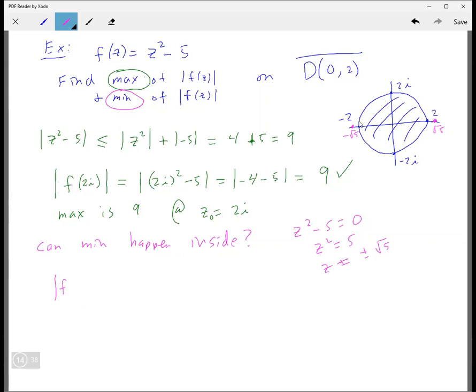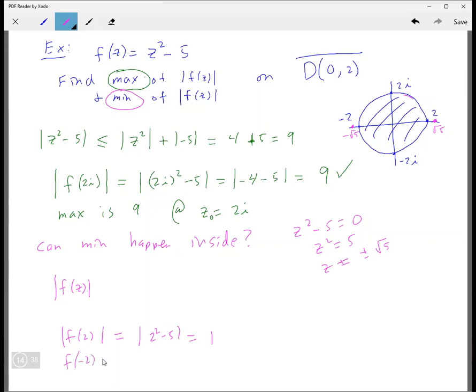There will be a minimum value on the boundary. One of these points somewhere is going to give a minimum value for the modulus of this. Okay, 2? Yeah, that works. That's going to be 2 squared minus 5, which is going to be minus 1, so the modulus is 1, right?